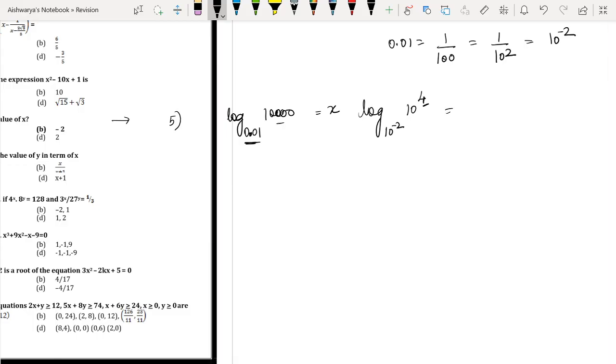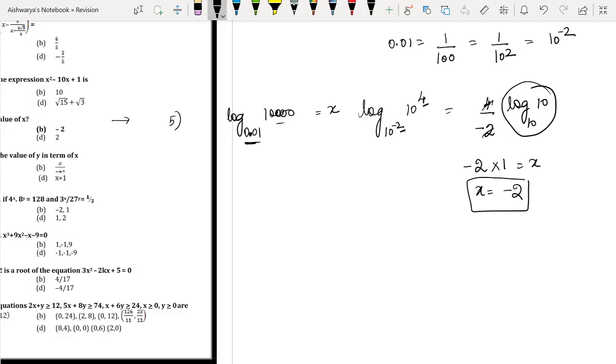Now both the powers you take out, it will become 4 by minus 2 into log 10 base 10. Now this log 10 base 10 will become 1, so that will get cancelled. It will become minus 2 into 1. This is the value of x. So x is equal to minus 2. Interesting question.